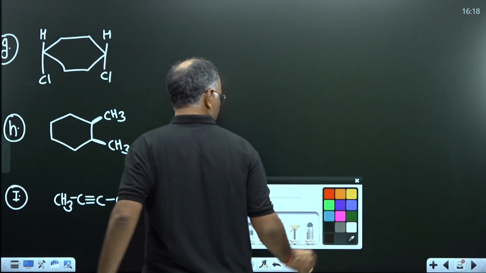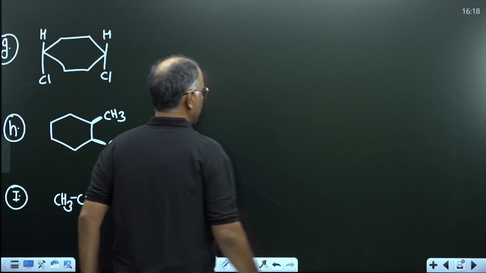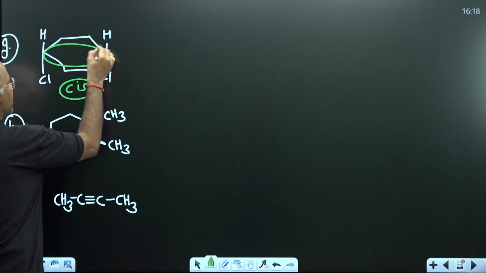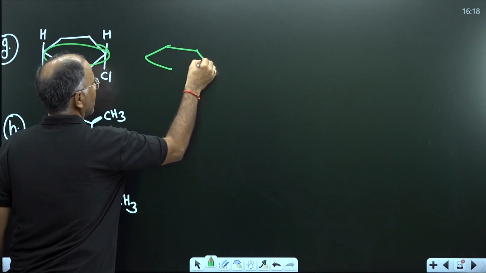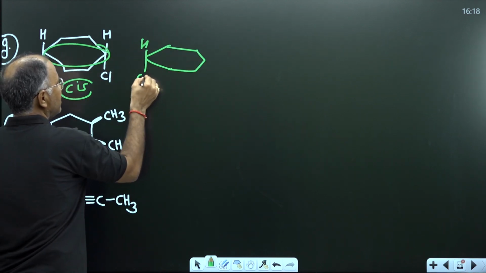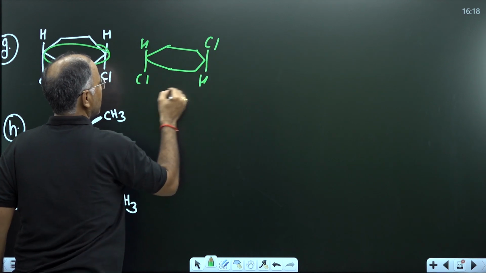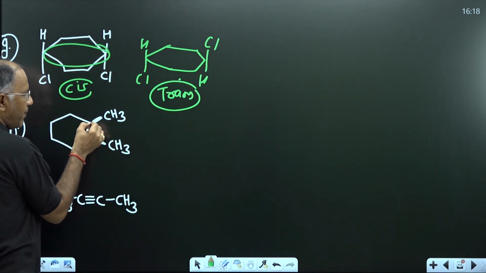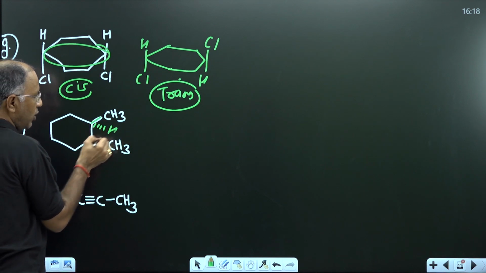Similarly, you have to draw the geometrical isomer of this. This is our cis. This ring has restricted rotation. Now, I will interchange Cl and H, which means it will convert into trans. The wedge represents above the plane, so there will be a valency below the plane.